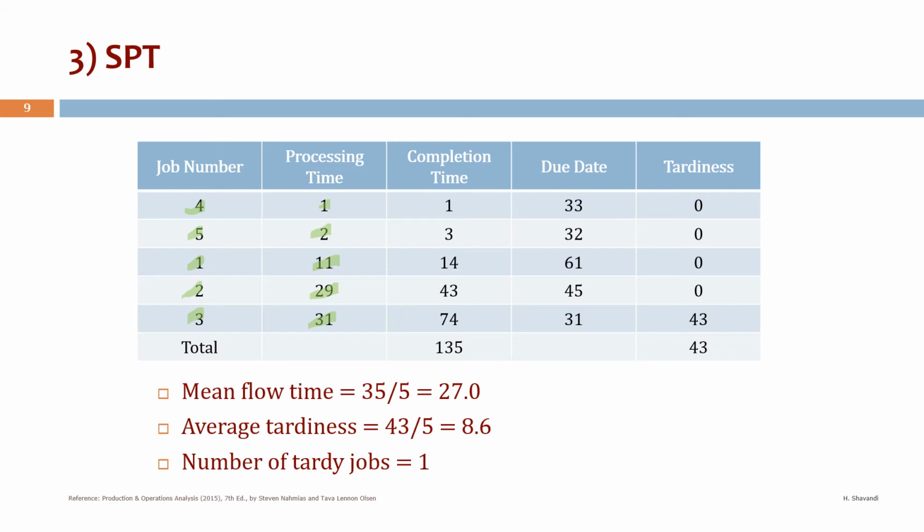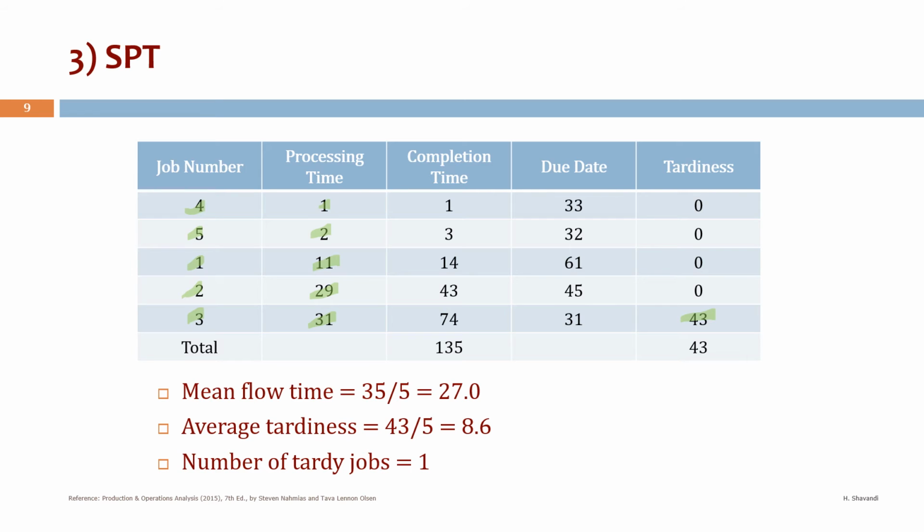Again, same as before, we can calculate completion times. We have the due dates, and then we can calculate the tardiness. I see here, just one job has delay or tardiness.